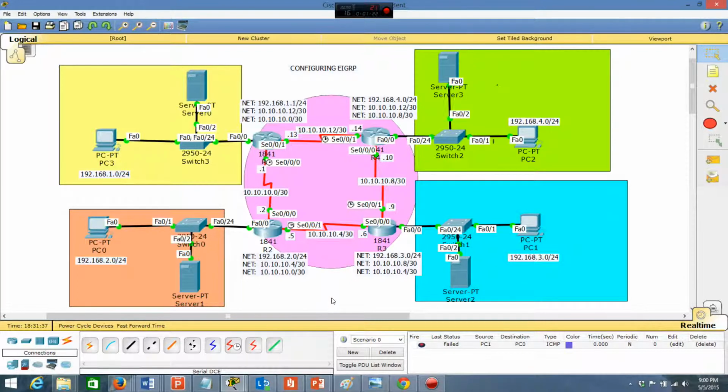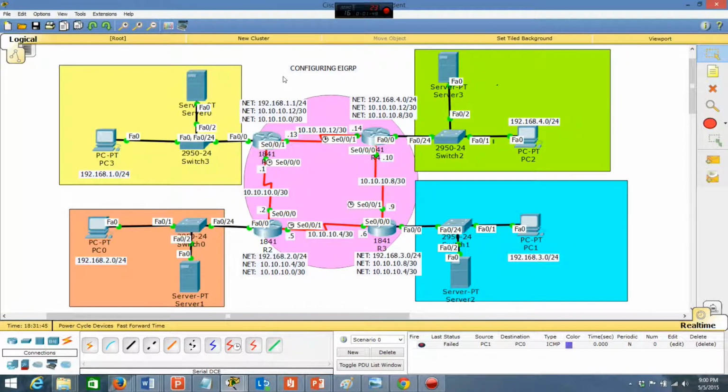So why use EIGRP? EIGRP is one of the most robust and best routing protocols you can find out there in the real world. It is used especially in enterprise networks, large networks, and networks that are intended to grow over time, because it's very easy to scale.